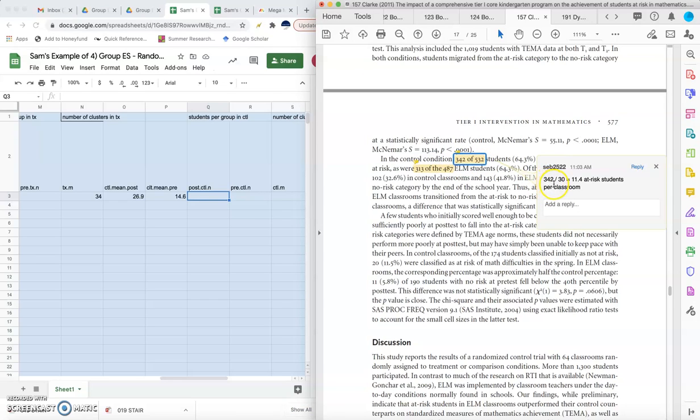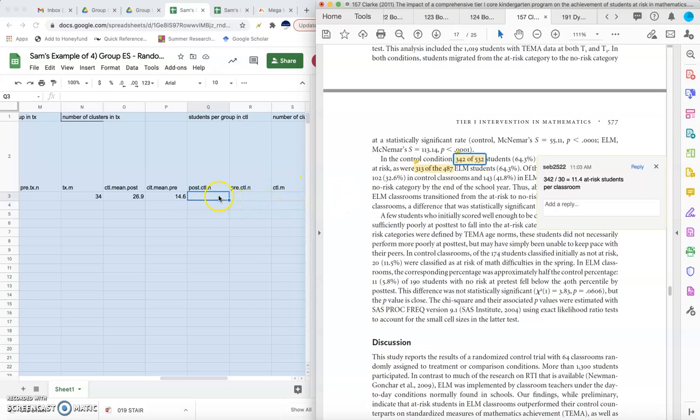So if there's 342 students who are at risk, and I know there's 30 groups of the control, I can do the math and figure out that there is approximately 11.4 at-risk students per classroom. Let me double check my math real fast, because I was going to go to 2 decimal places, but that actually is just perfectly 11.4.